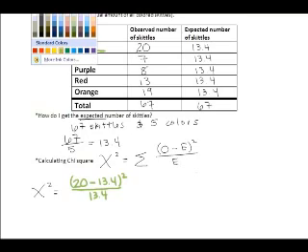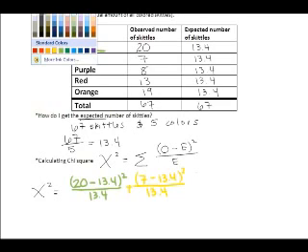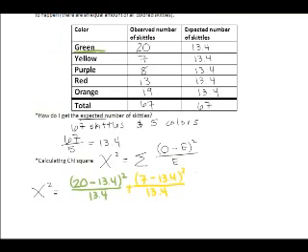Now, for our yellow, it's 7 minus our expected frequency, quantity squared, over 13.4, our expected frequency. Now we're going to continue this trend for purple.